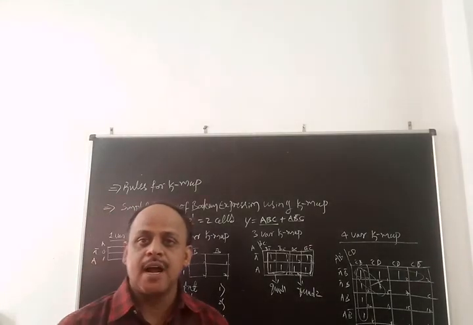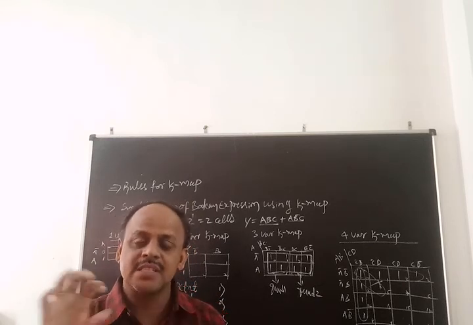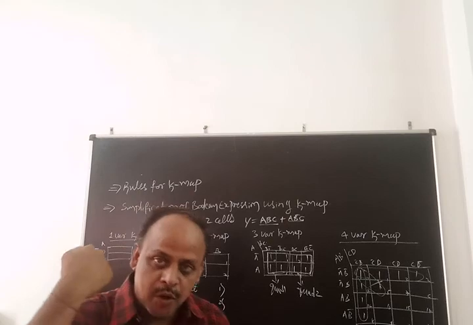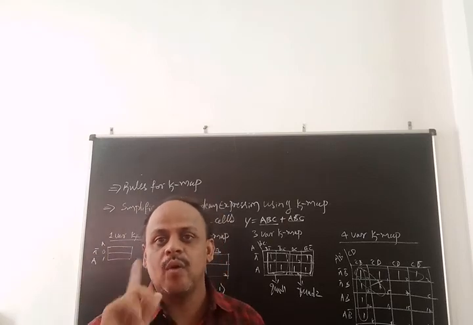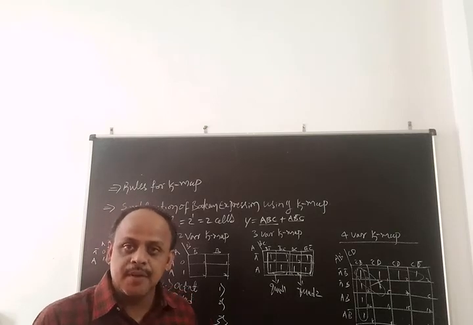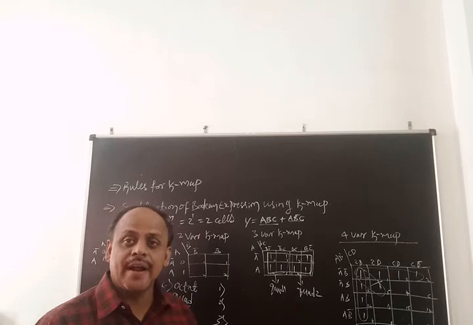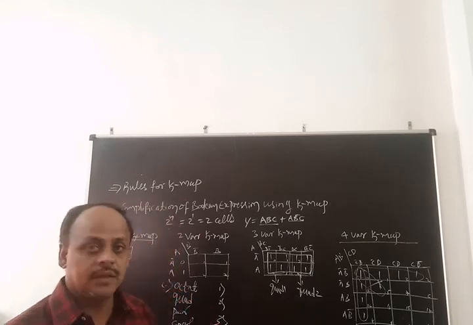So what is the sixth rule? While grouping, we have to give preference first to octet: if 8 ones are there, we consider one octet only. If an octet is not possible, we look for a quad, that is, a collection of 4 ones.